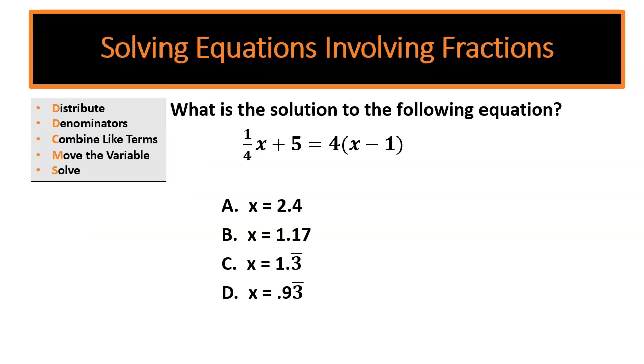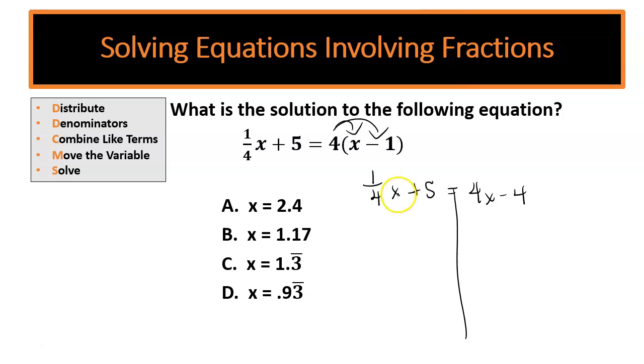All right, so here's our next one. This one's multiple choice, so we're going to work it out first, though. All right, so again, let's follow our steps. Distribute is first, so I can't do anything to this side, so I just have 1/4 x plus 5 equals. And then distribute 4x minus 4.